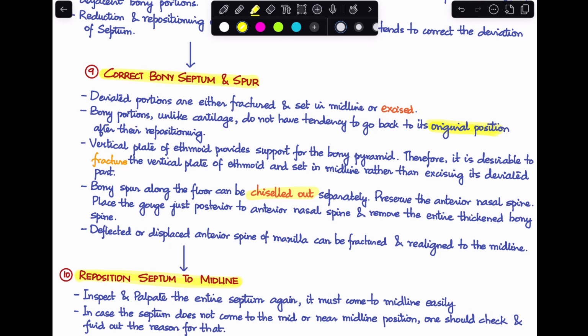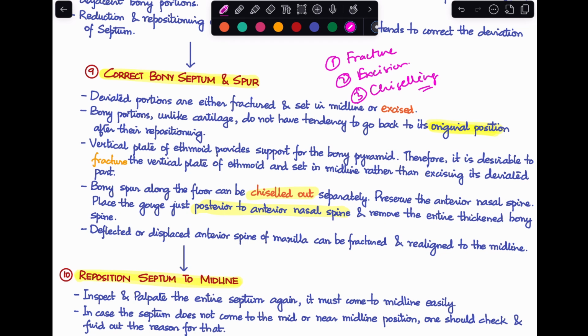So if you do need to chisel out, you will place the gouge to remove the bony spur just posterior to the anterior nasal spine, and then remove the entire thickened bony spine. There are three ways of doing it. Either you fracture it and set it in the midline, or you perform an excision, or you chisel it out with the help of a gouge. So this is how we correct the bony septum and spur.